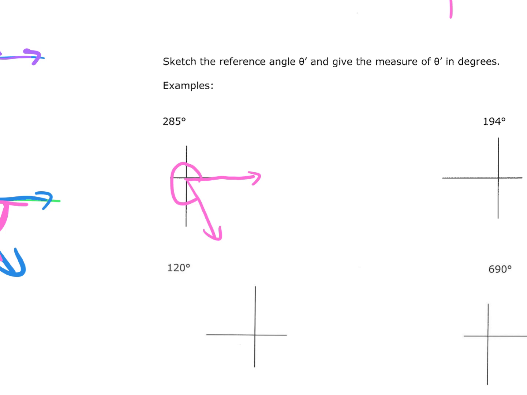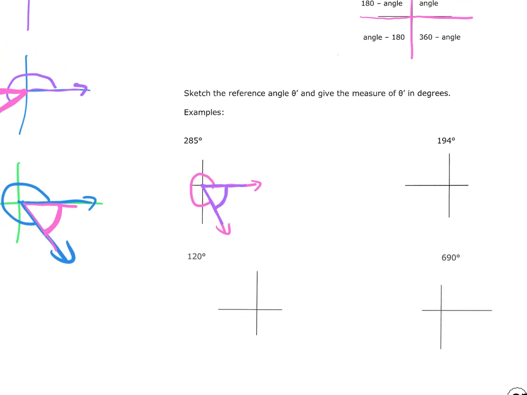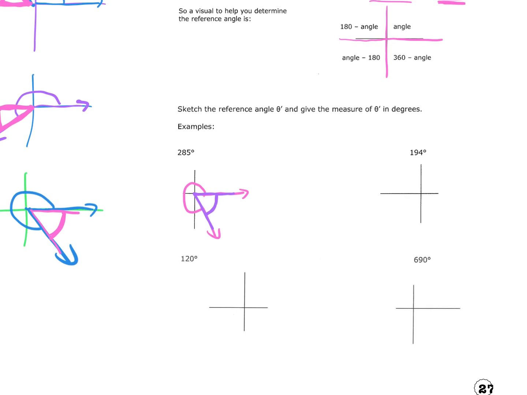So our reference angle is this amount right here. We're in quadrant 4, so that means we're going to do 360 minus whatever that angle measure is. So 360 minus 285. We find that the reference angle is 75 degrees.